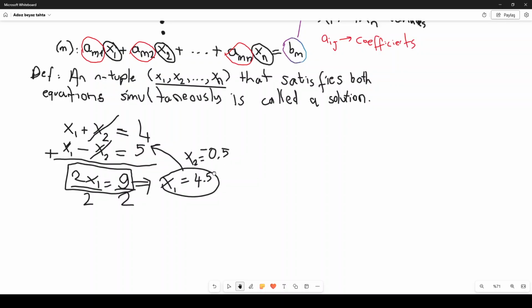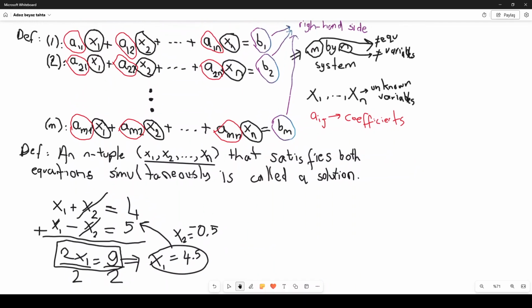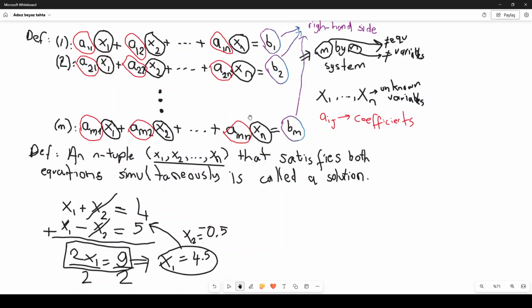And then by using back substitution, in other words, when we find one of the unknown variables and plug it one step above to find the other unknown, and repeat the whole process until we reach the solution, finding all of the unknown variables, we can solve the system. But how can we do that?